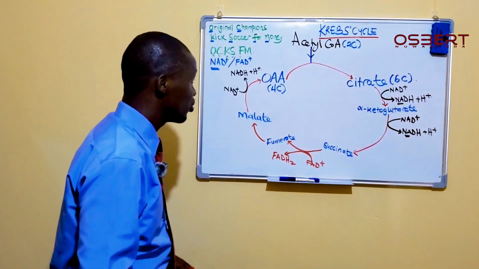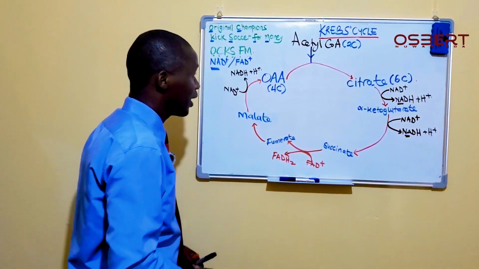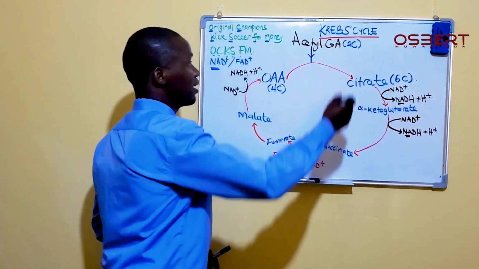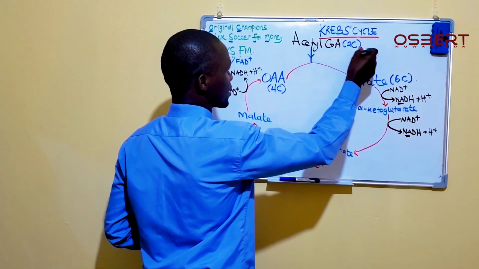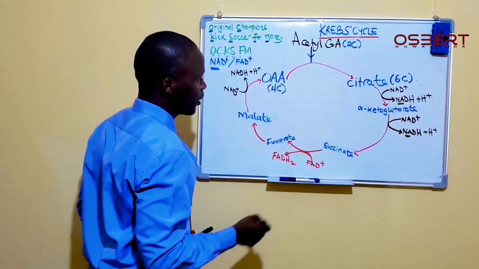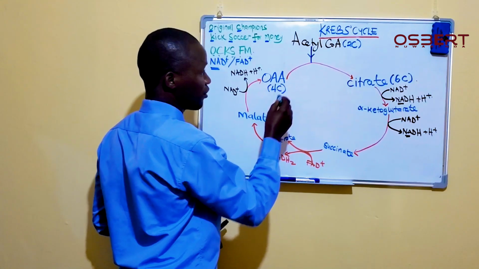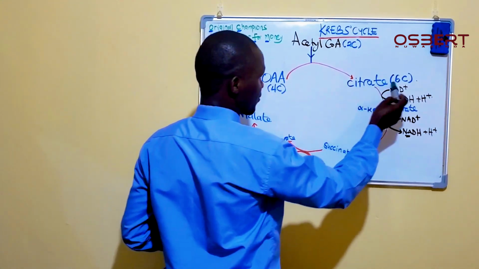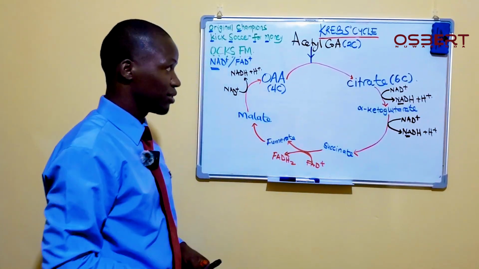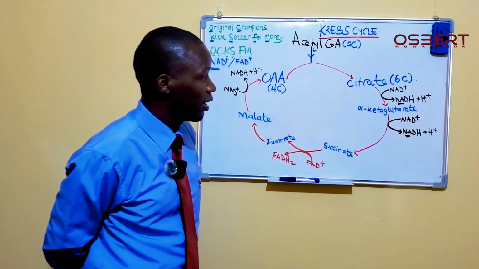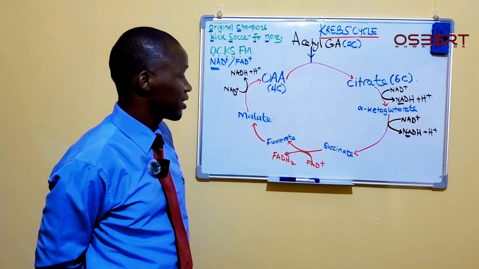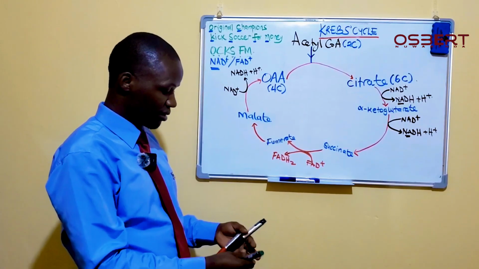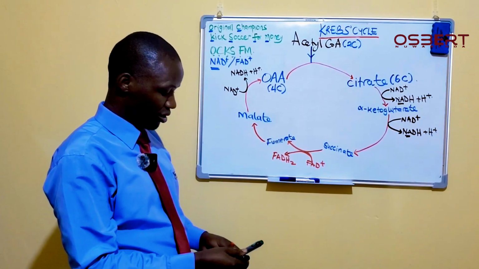So here we ask ourselves: this molecule was having 2 carbons, combined with this molecule having 4 carbons, and it formed the molecule having 6 carbons. Then we ask what happens next.